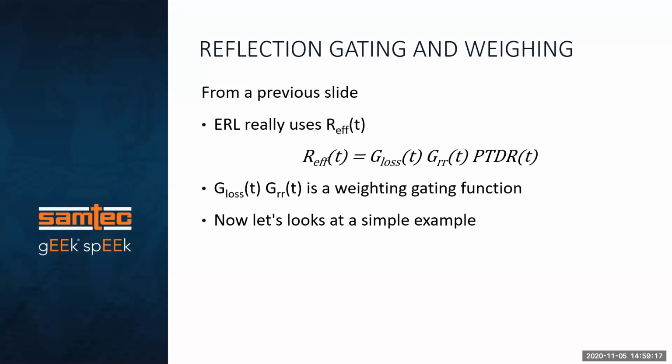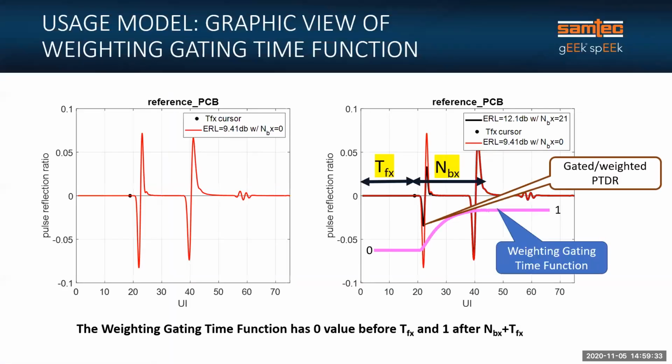So this is what the gating from the previous slide is. R effective, which is what we're going to use, is G loss times GRR times the pulse response, a function of t. And now we're going to look at a simple example for this. This is pretty much like the last slide, very close to it, but I'm going to spend a little bit of time on it.